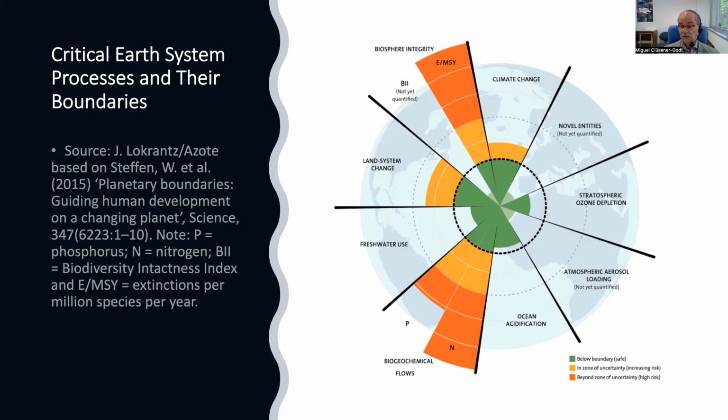Climate change, we definitely are in a zone of uncertainty, and we feel the effects. But then the extinction rate, we are by far over. We are deep in the red side.